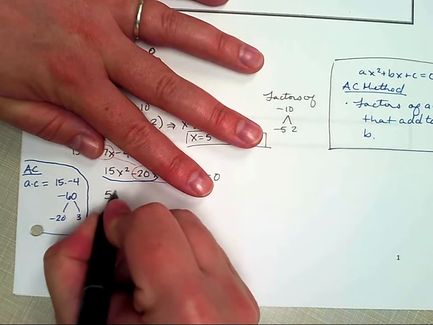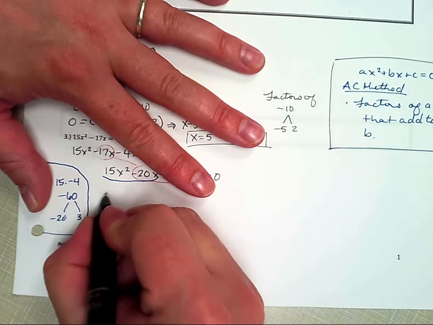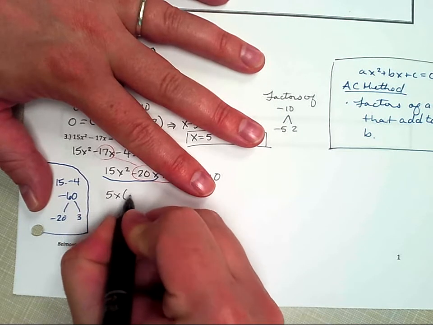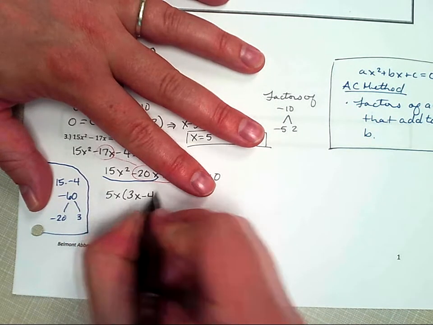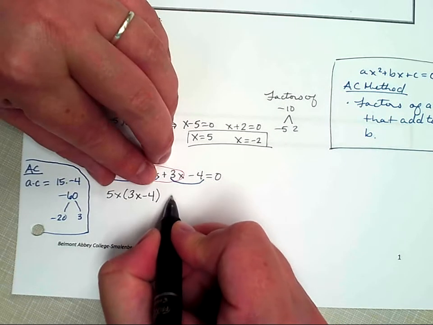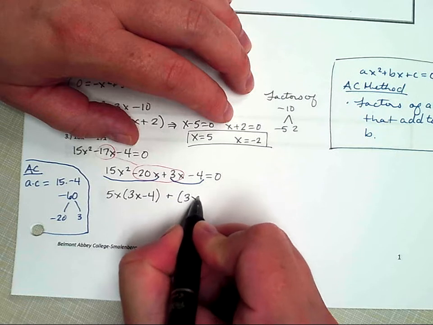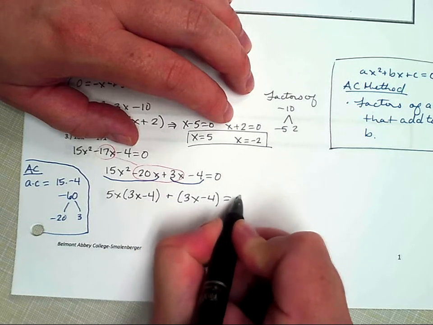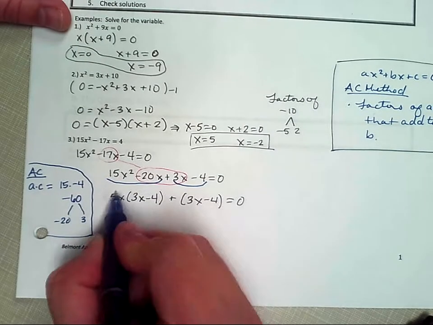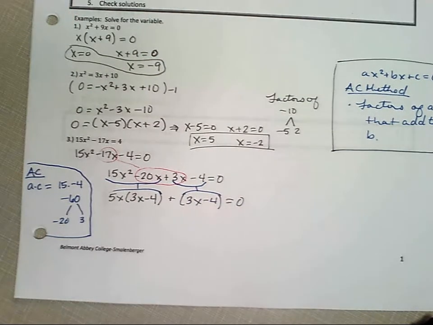Okay, if I factor out 5x, what do I have left? 3x minus 4. And do I have anything common in my second two terms? Just a 1, right? Nothing common, so I'm going to write 3x minus 4. I'm just going to put it in parentheses so that I can see the next step easily. So I just factored these two.